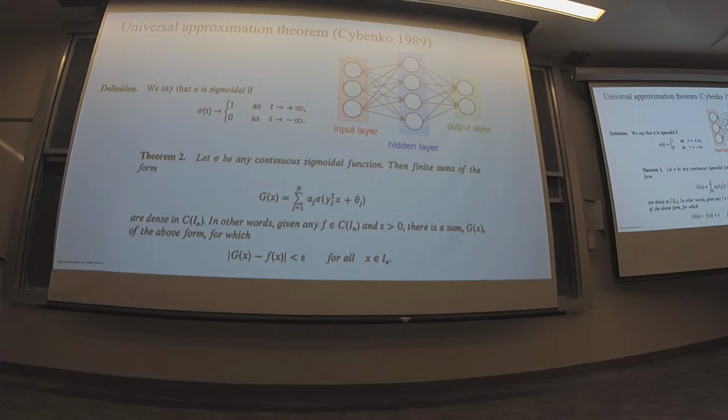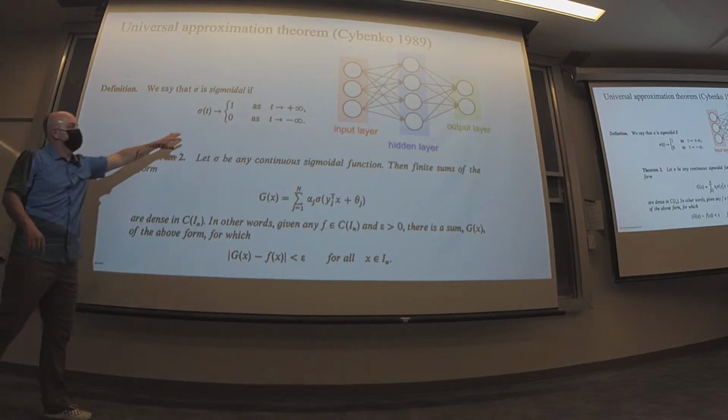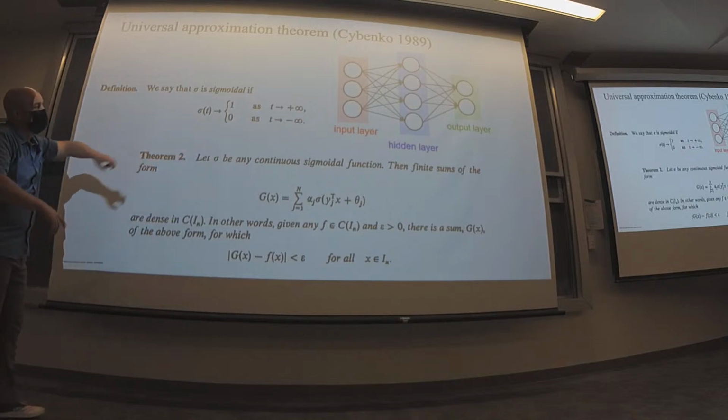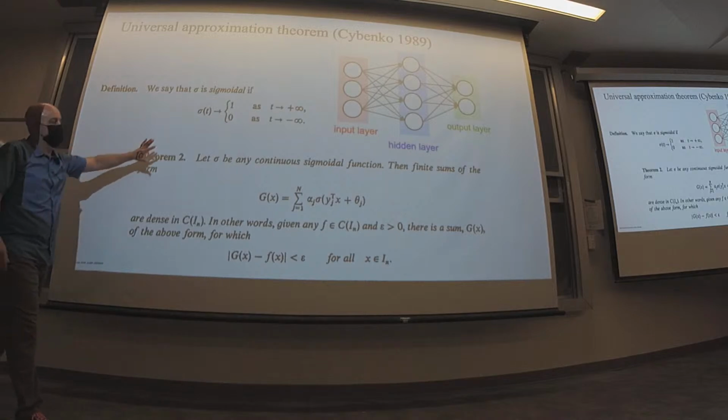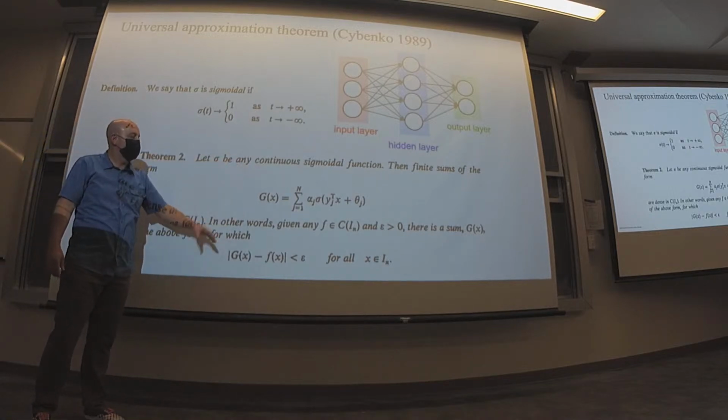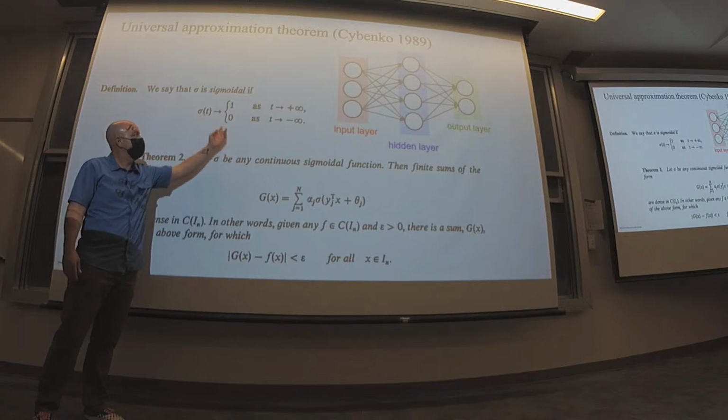By the way, I was going to say something about sigmoidal. What sigmoidal means here is that there is this kind of asymptotic behavior. We don't really care about what's happening in between, as long as it's a continuous function. But if we asymptote to 1 as the argument goes to infinity, and asymptote to 0 as the argument goes to minus infinity, then this theorem holds. And also continuous.